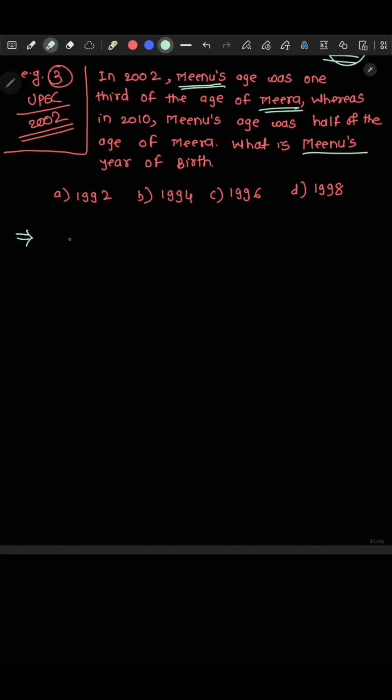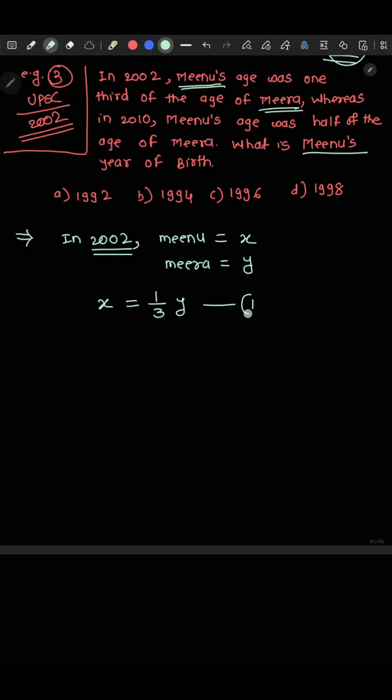So let's consider 2002. Minu's age is equal to X and Mira's age is equal to Y. That is in 2002. Now here it is saying in 2002 that Minu's age, which is X, is 1/3 of the age of Mira. That is in 2002. So that is our equation number 1.